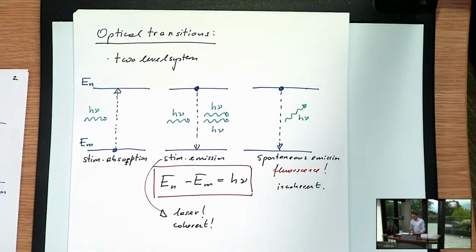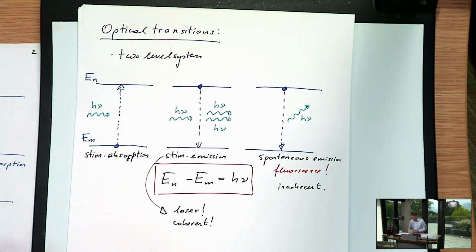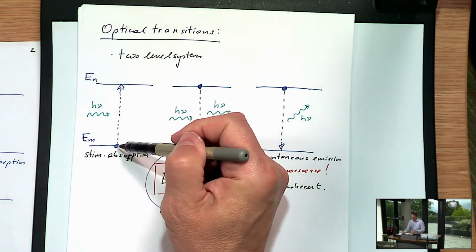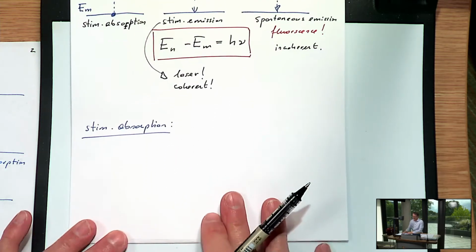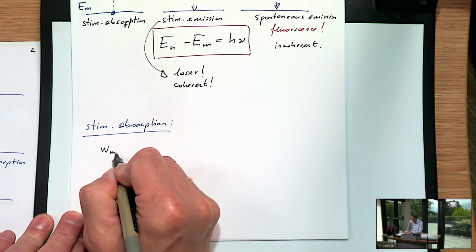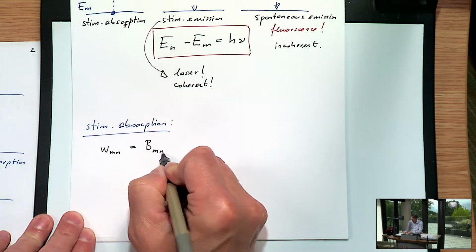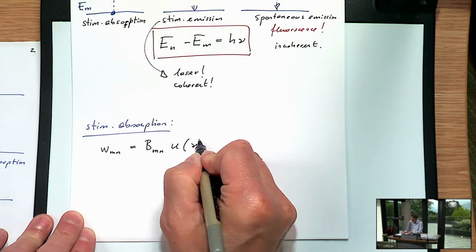Right, so let's write down the rates at which these processes occur. So if we begin by looking at stimulated absorption, the rate at which this process takes place is given by omega mn is Bmn times u of nu.